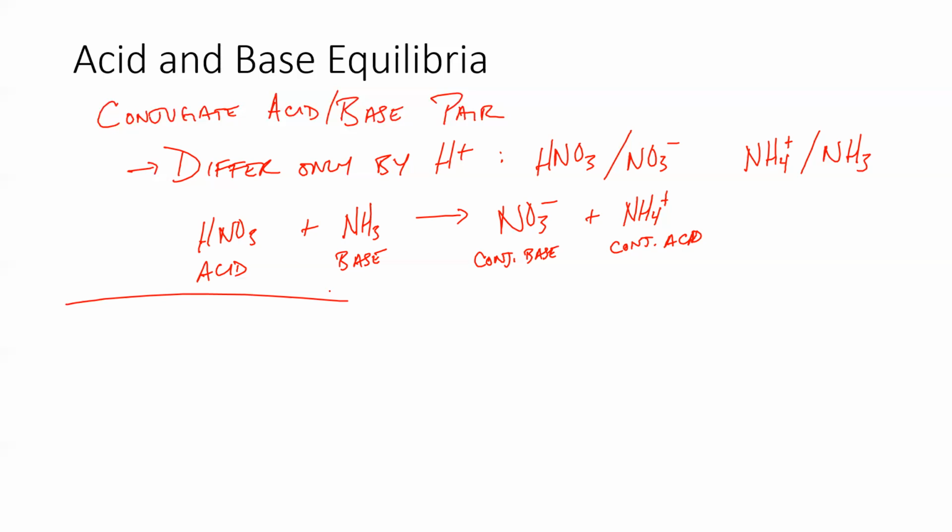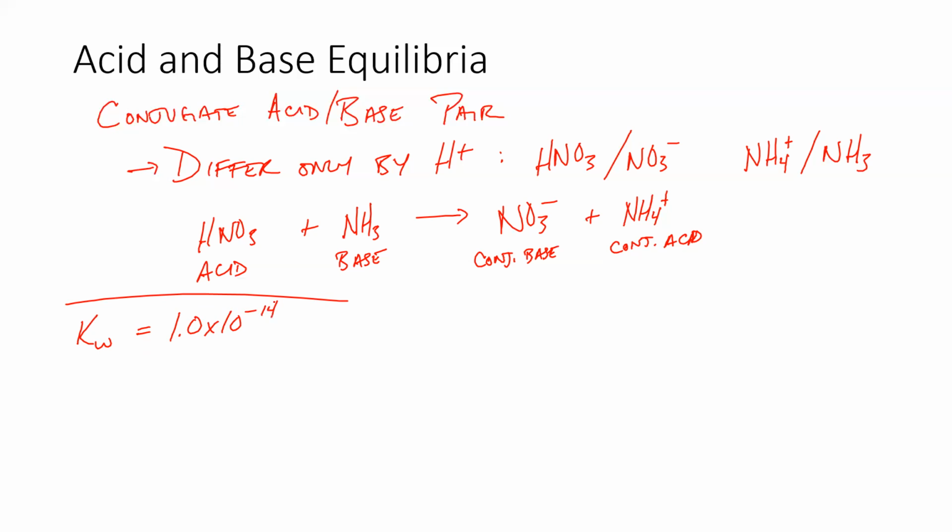The other thing of interest is KW. And again, hopefully you remembered most of this when you did the review. KW is a constant, 1.0 times 10 to the negative 14.